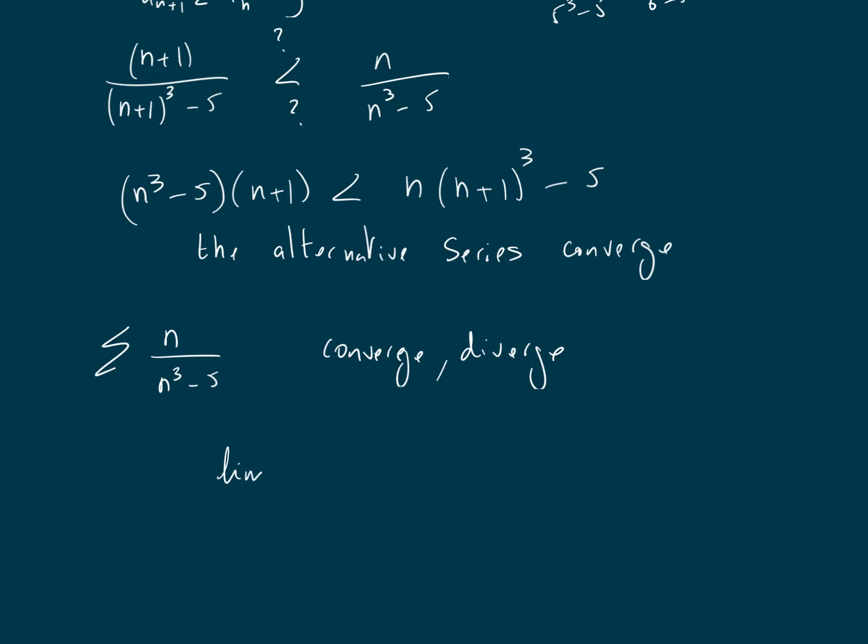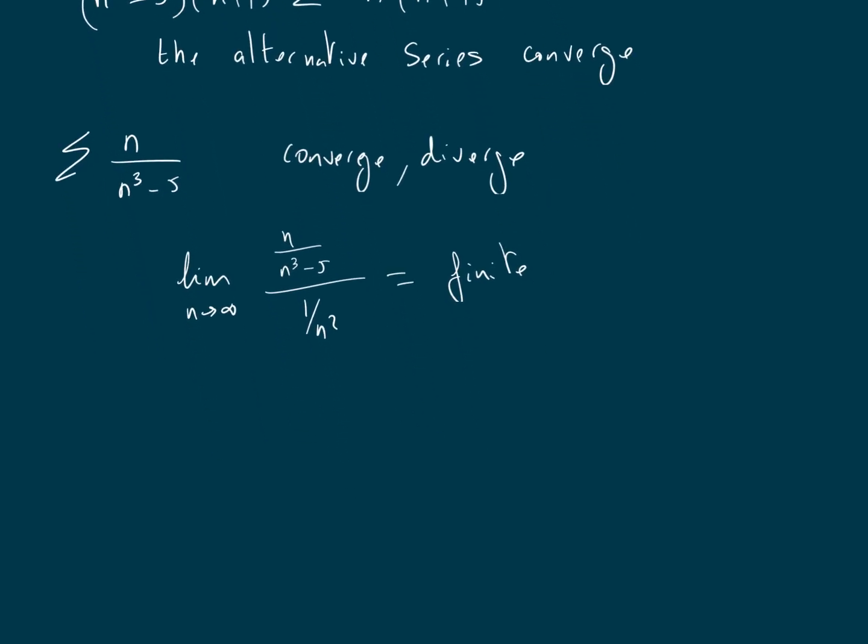In the limit comparison test, I take the limit when n goes to infinity of a sub n, compared with 1 divided by n squared, and see if it's a finite number. Is this a finite number? We already know that this one converges, so this one will converge. Let's try if this is true. If this is true, we found that this converges.